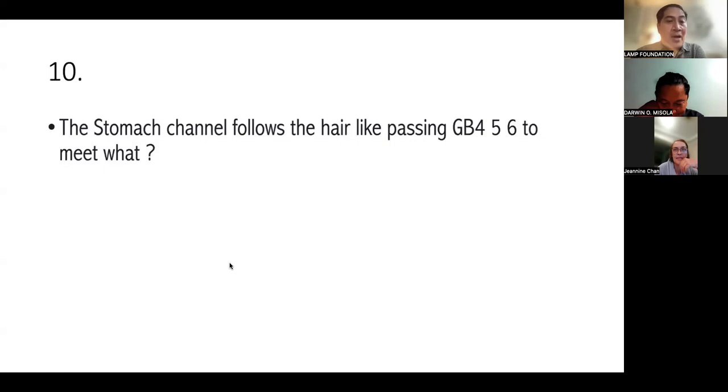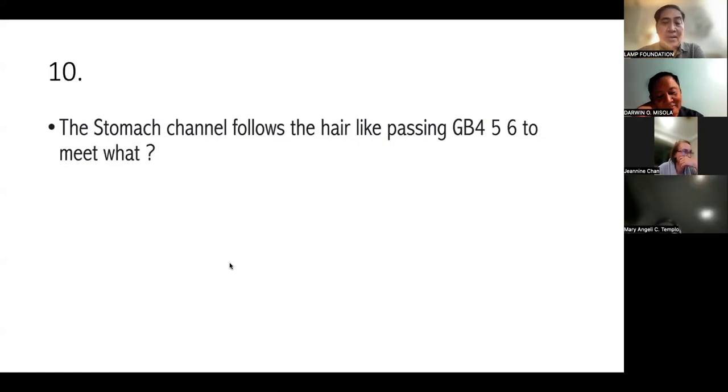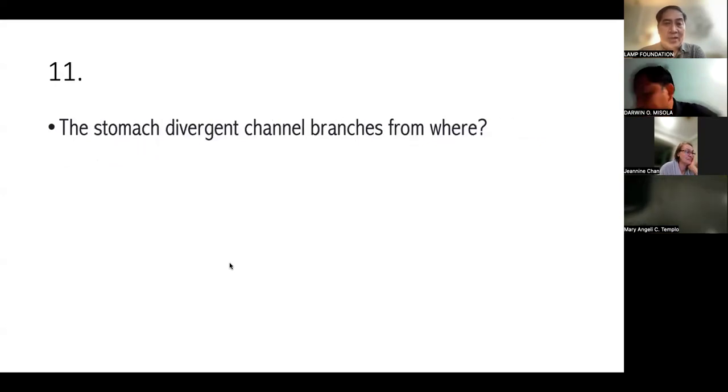The stomach channel follows the hairline, passing GB 4, 5, 6 to meet what point? GB20. No, 224. 220. Hanap ako. The stomach, ito naman, divergent channel.